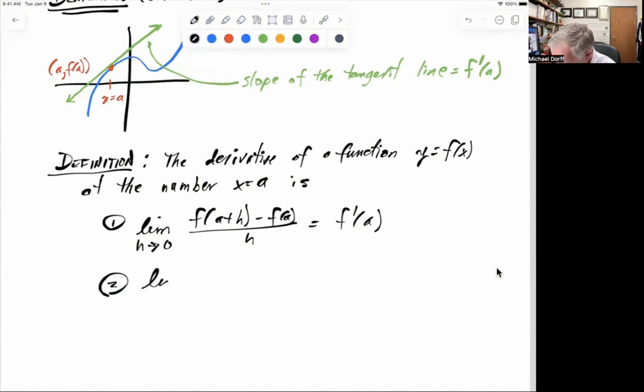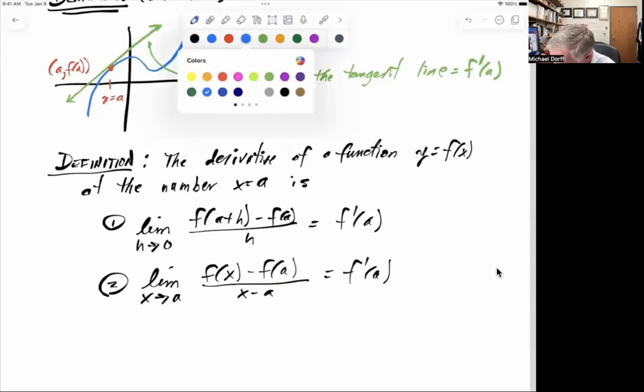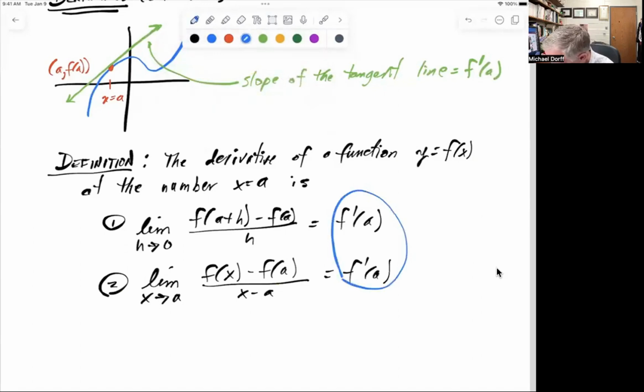I can also write that as the limit as x goes to a of f of x minus f of a over x minus a. That's also known as the derivative. And these symbols mean the derivative of f of x at x equals a.